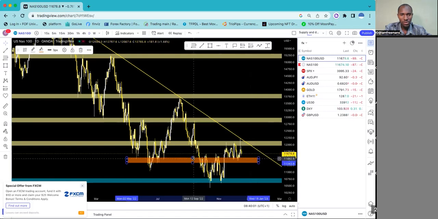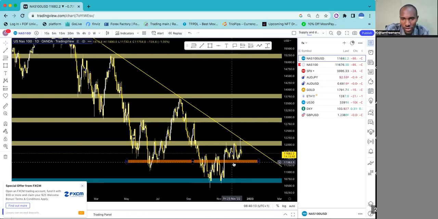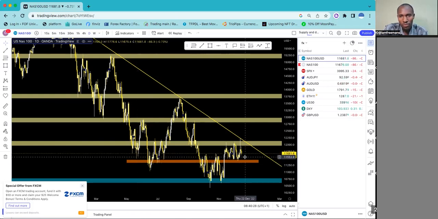Awesome. I'm trying to reduce this. Still big. It's a minor zone, so it shouldn't be that big. Now, you see that it's reacted here a couple of times. It's reacted here, broke up, and still came back. It's reacted there a couple of times also. Another one here, another one here. Here it's reacted also. Now, some of you will say, why didn't you put it at this top?